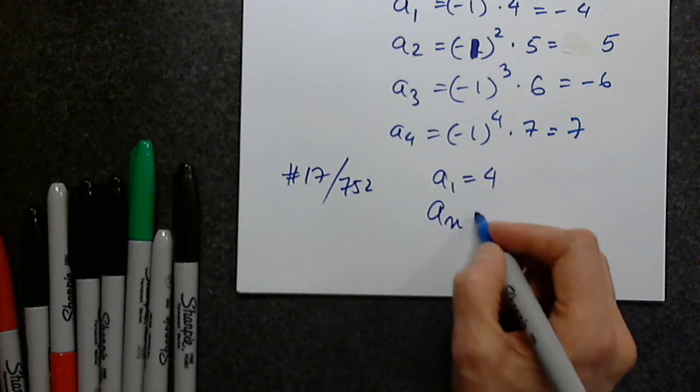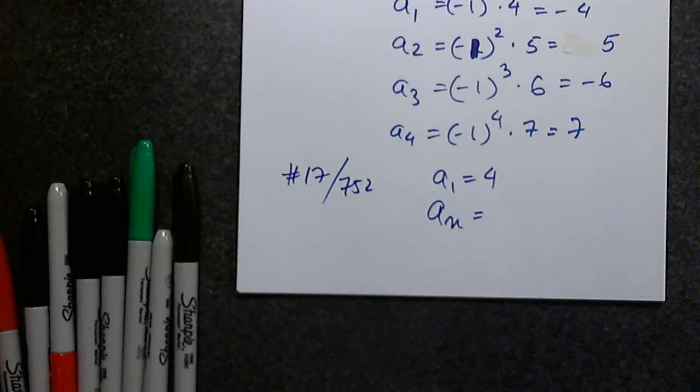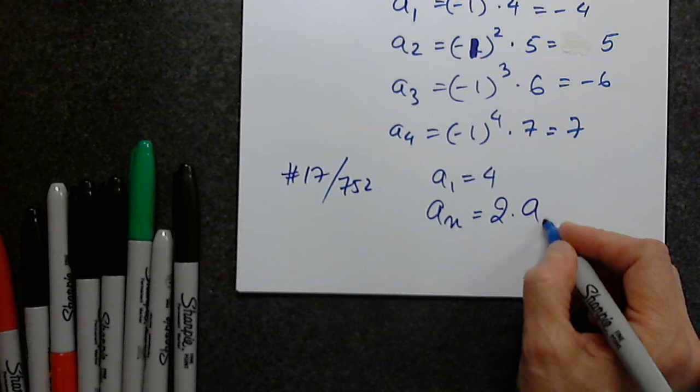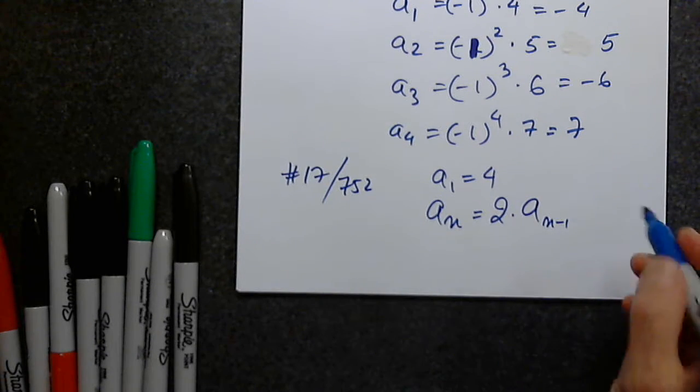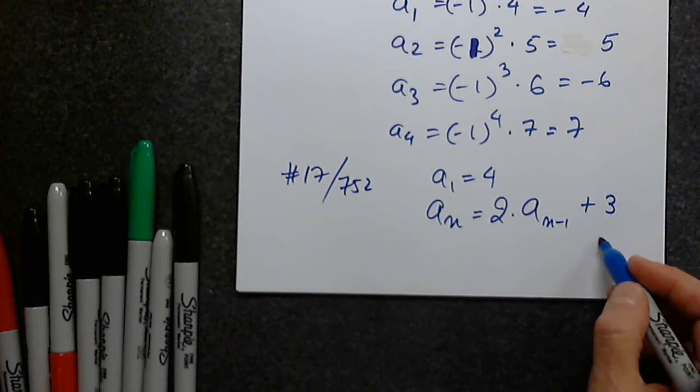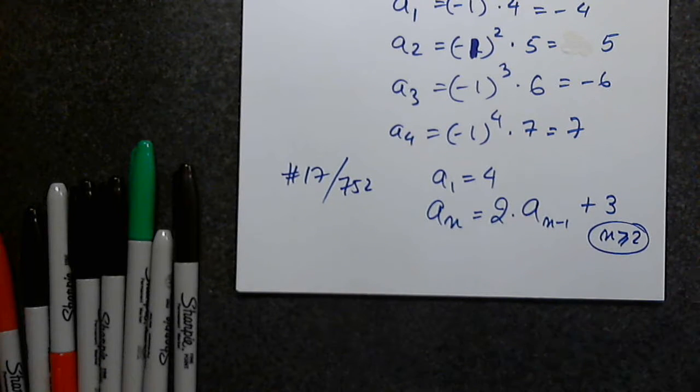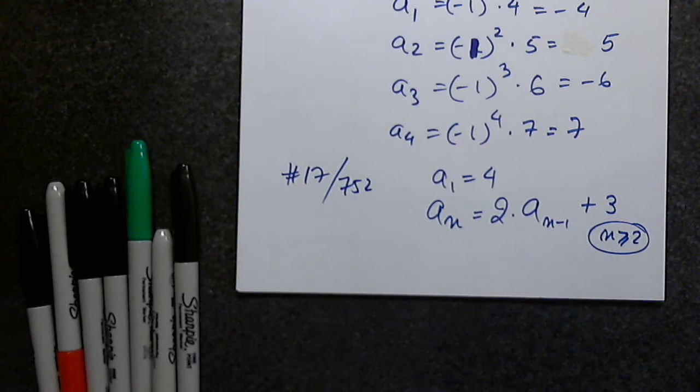And AN, the general term, is given to us indirectly: 2 multiplied by A sub n minus 1 plus 3. This formula is valid for n greater than or equal to 2. We're asked to find the same thing. These sequences are defined using recursive formulas. Write the first 4 terms of each sequence.